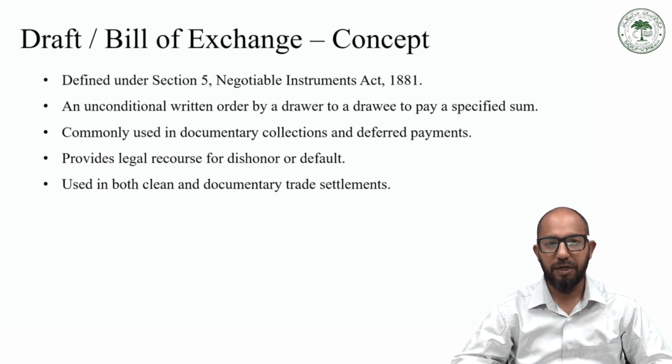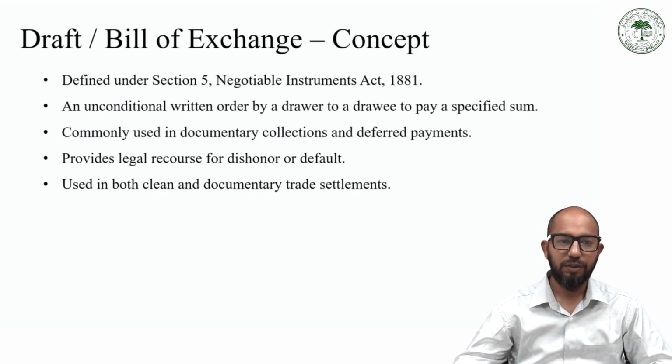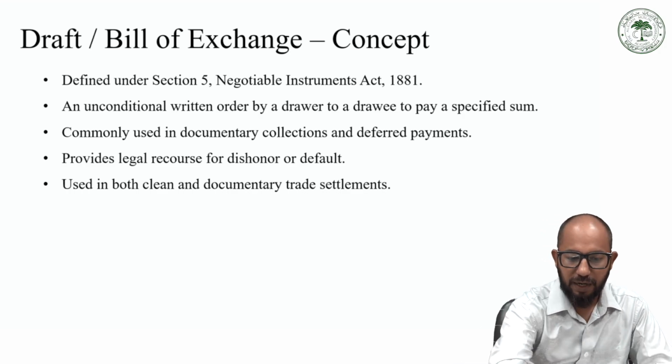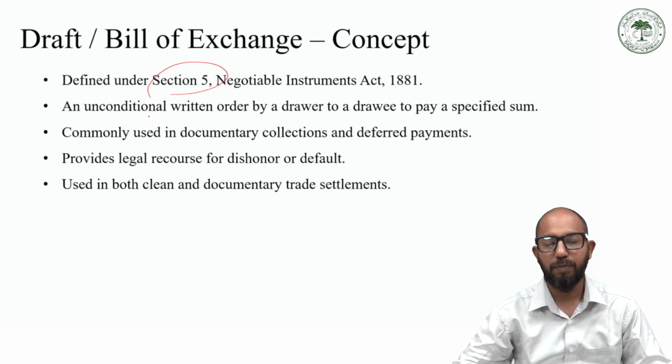Dear students, let us now move on to discuss another important payment instrument, that is the draft or bill of exchange. This is defined under Section 5 of the Negotiable Instruments Act 1881.